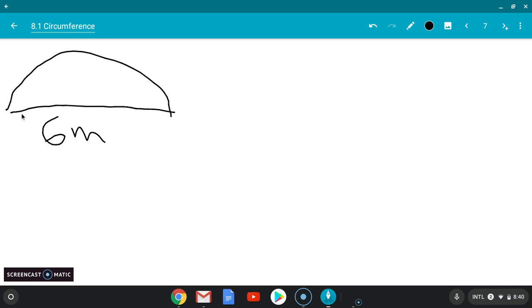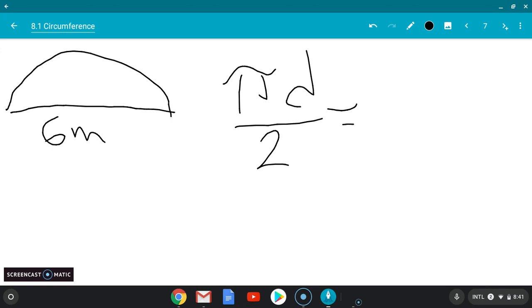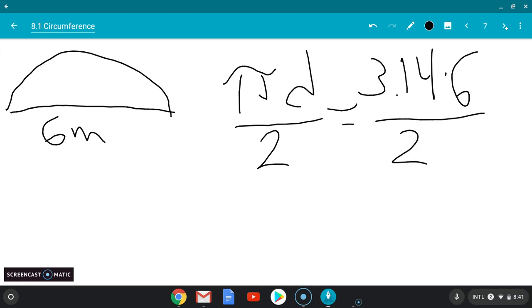All right, but we have to figure it out by thinking, okay, if this was a full circle, right, wouldn't this part be half of the circumference? All right, so let's do pi times d divided by 2 because we need 1/2 of that theoretical circumference. All right, so we're going to do 3.14 times 6 and divide it by 2.